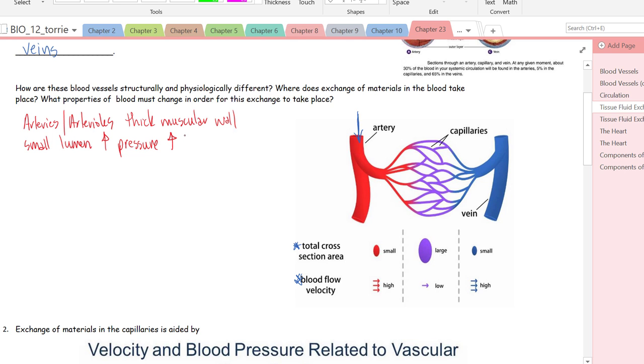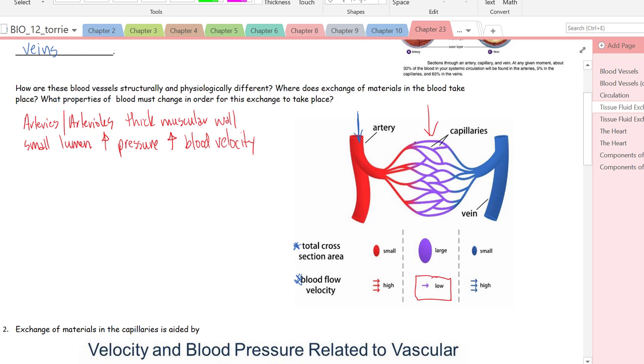and increased blood velocity. Well, the vessels can't maintain that increased pressure and increased blood velocity by the time they get to the capillaries, because these capillaries are just one cell layer thick. And that increased pressure and increased blood velocity would just literally rupture these tiny little capillaries. And so that can't happen. But what does happen is a change, a structural change that leads to a decrease in blood pressure and blood velocity.